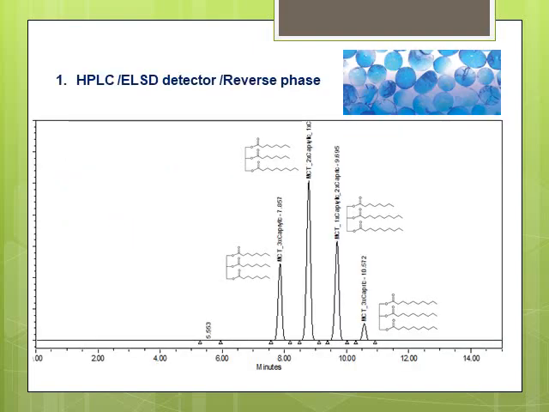This first method is the HPLC with the ELC detector. The column is a C18 column, and mobile phase is a high acetonitrile, or it could be high methanol concentration.